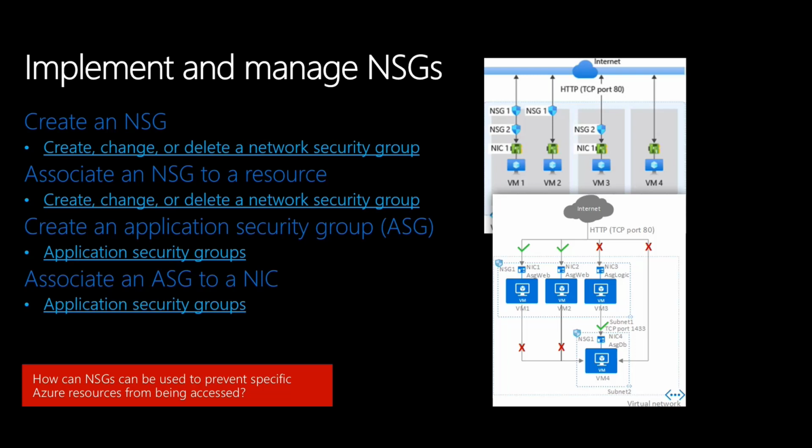An application security group, or ASG, as we abbreviate it here, enables you to configure network security as an extension of an application's infrastructure. What this allows you to do is group virtual machines and define network security policies based on those groups.